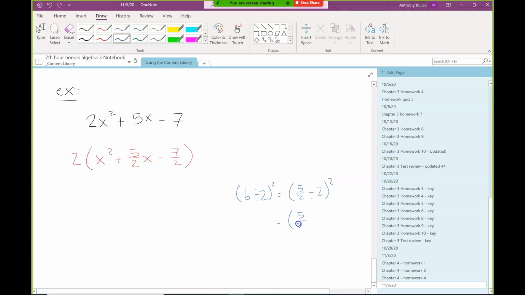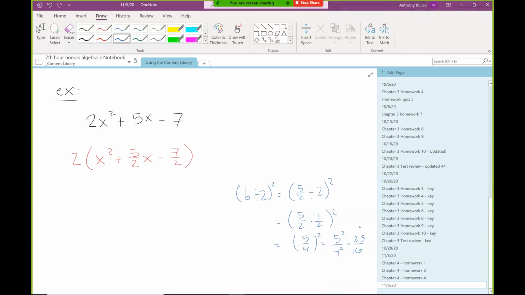Dividing fractions is the same thing as multiplying by the reciprocal. And an exponent of a fraction I apply to the top and bottom. So really that's 25 over 16. Is everybody okay with that?